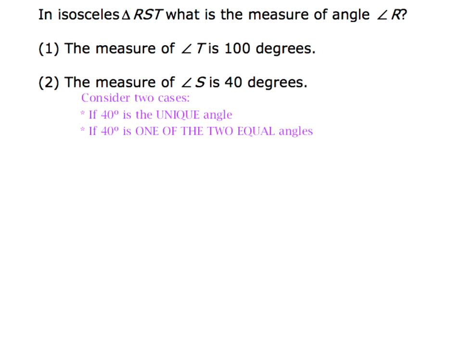But if 40 degrees is the unique angle, then you have a triangle with a 40 on top, and then you have two angles that are the same. 180 minus 40 is 140, so these are going to be 70 apiece.